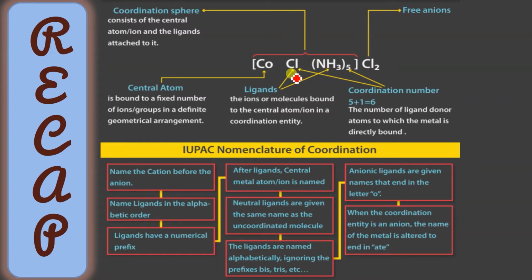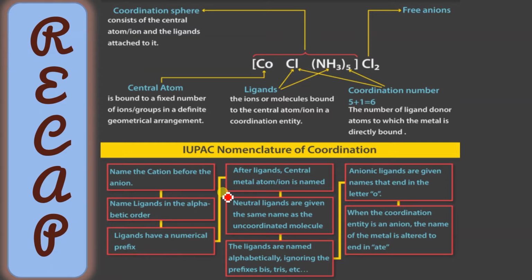Next is IUPAC nomenclature of coordination compounds. First we are supposed to name the cation before the anion. Then name the ligands in alphabetical order, and ligands with a numerical prefix, like hexa, tetra, penta, whatever the number is.